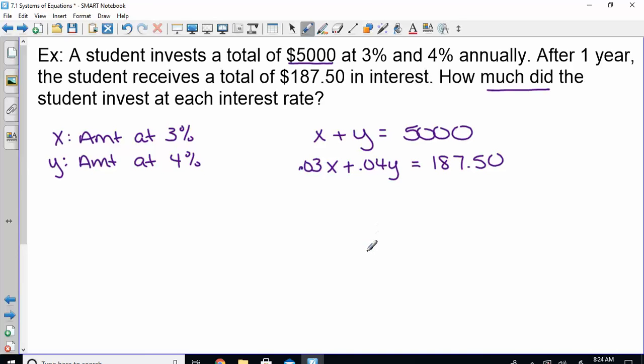Do you want to do substitution or elimination? Really doesn't matter a bit. We did substitution on the others. Let's try elimination this time. What would I take the first one times if I wanted to eliminate my x? Negative 0.03.